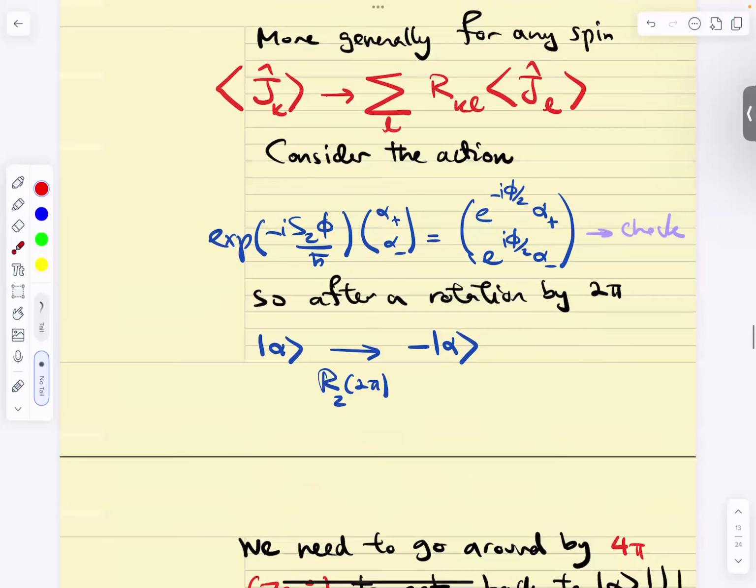All right, so now we're after that angle phi, that phase minus one. So let's apply a rotation by angle phi around the z-axis to a two-dimensional ket, alpha plus, alpha minus. How does it change it? It will change it by e to the minus i phi over 2, e to the power of i phi over 2. This is something you should check.